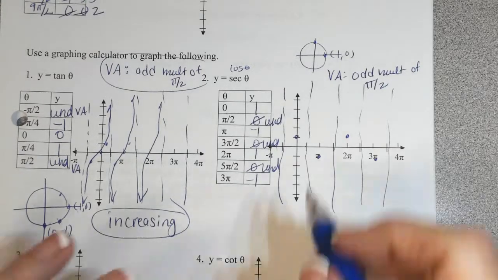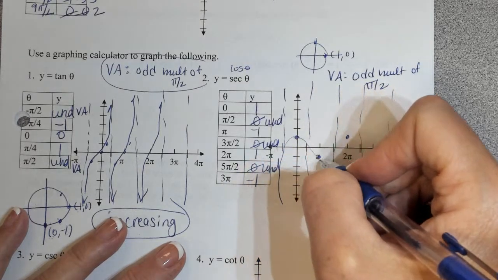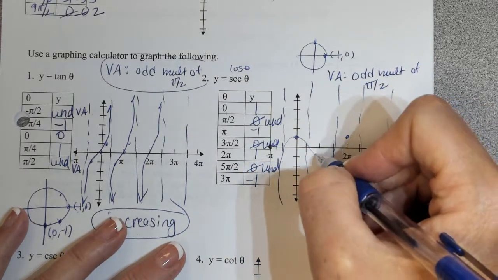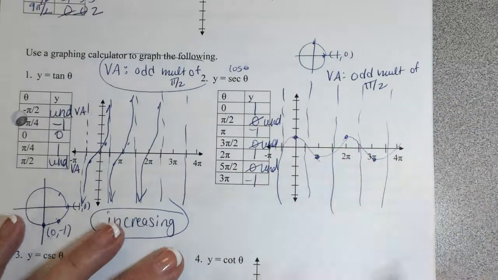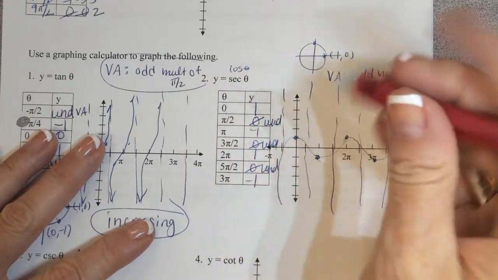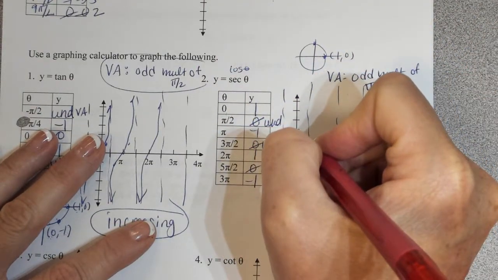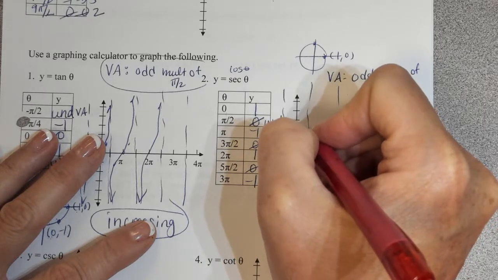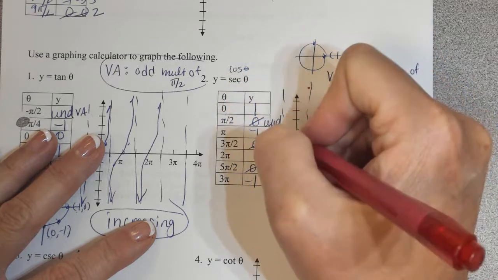If you think of the cosine curve, I'm going to put the cosine curve in here really lightly, because I'm not really graphing cosine. But secant is the reciprocal. So think of this. The reciprocal of 1 is just 1. This value is 1/2. The reciprocal of 1/2 is 2. This value is 1/10. The reciprocal of 1/10 is 10.